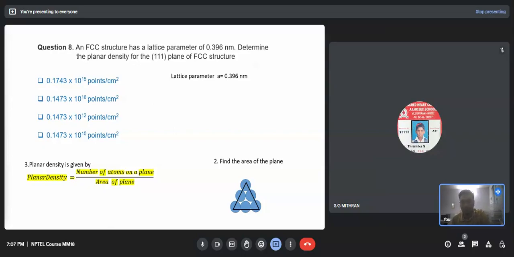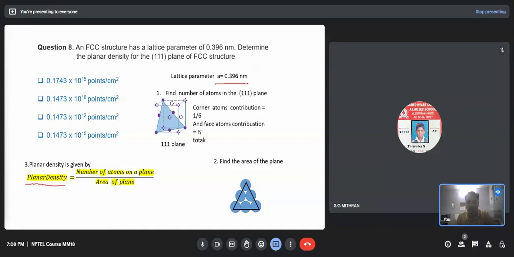So what is given here? The lattice parameter is given. For planar density, we can go through this formula: number of atoms on a plane divided by the area of the plane. For that, first we have to find the 111 plane and the number of atoms in it.